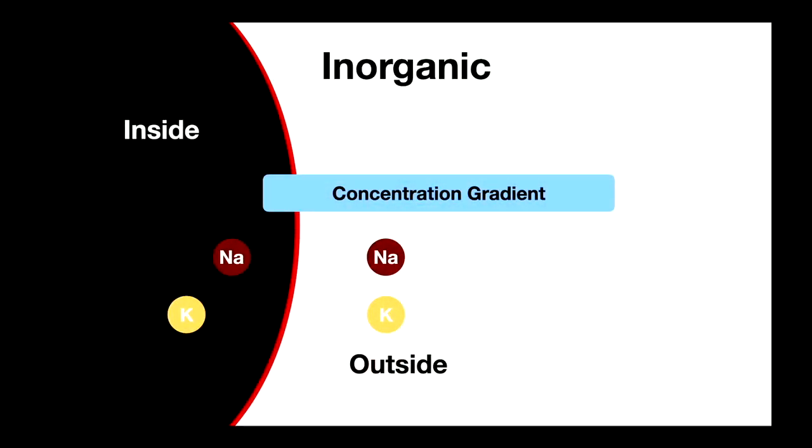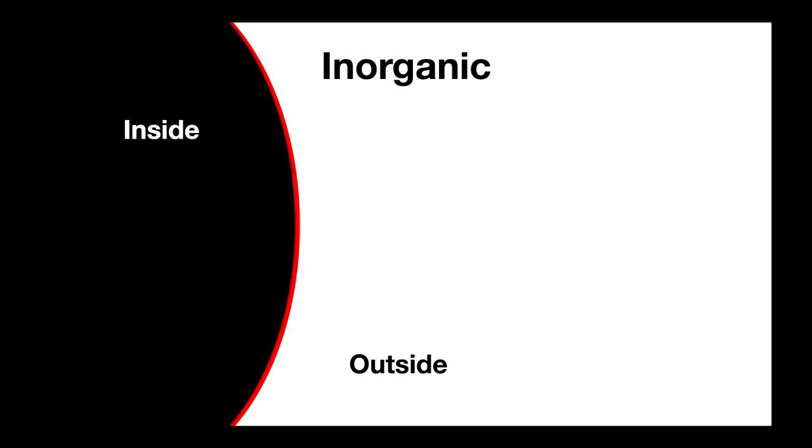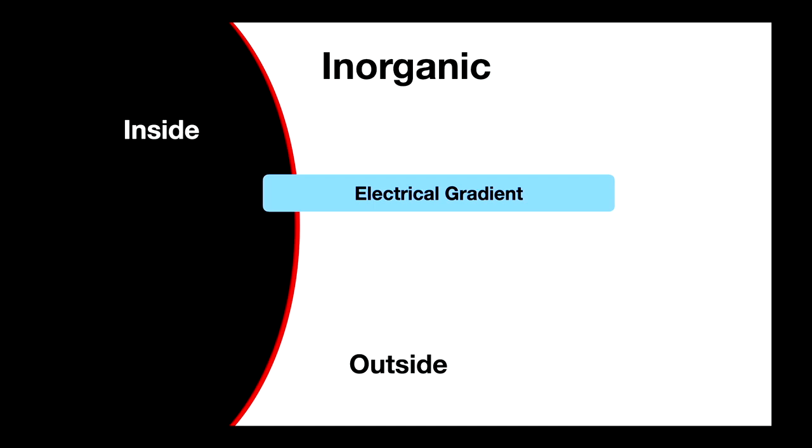In the inorganic world, we would see the effects of what we call concentration gradient equalizing the distribution of sodium and potassium between the inside of something and the outside of something across that gradient. Now, there's another process, and that's an electrical gradient.